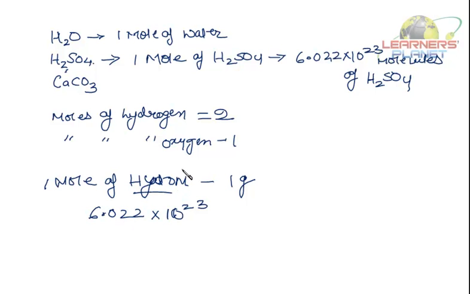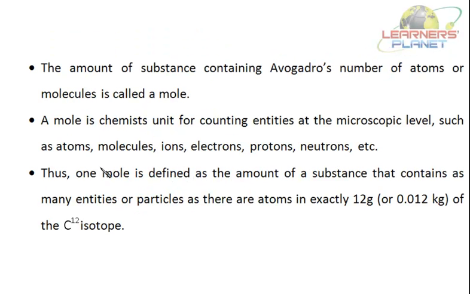Now students, let's take some numericals. Here are a few more points to remember. The amount of substance containing Avogadro's number of atoms or molecules is called a mole. A mole is a chemist's unit for counting entities at the microscopic level, such as atoms, molecules, ions, electrons, protons, neutrons. 1 mole of electrons, so how many electrons will be there? 6.022 into 10 to the power 23.